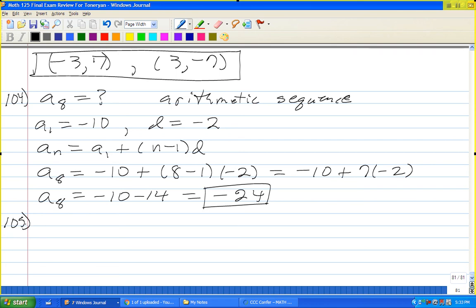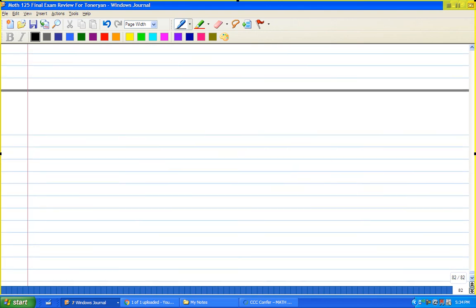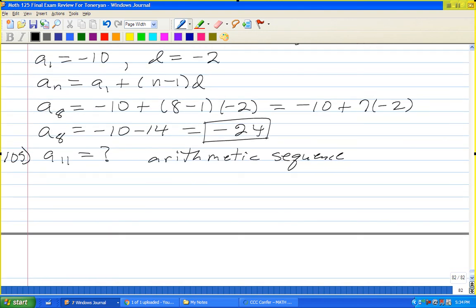Let me do problem 105. Find the 11th term of the arithmetic sequence whose first term is negative 4, and whose common difference is negative 6.